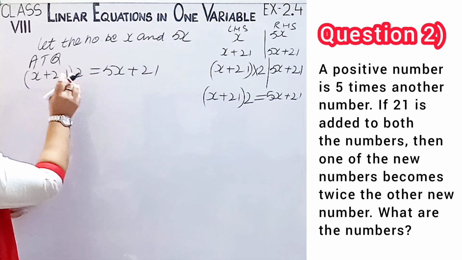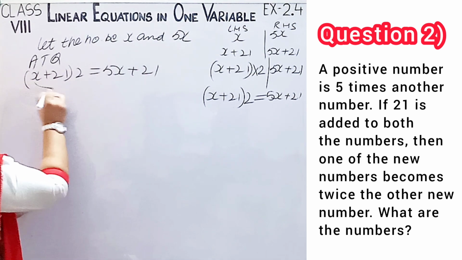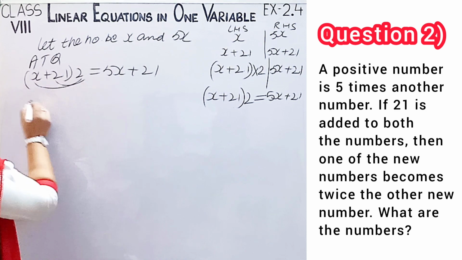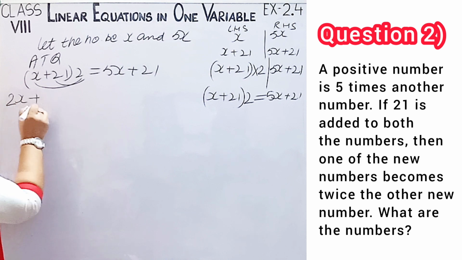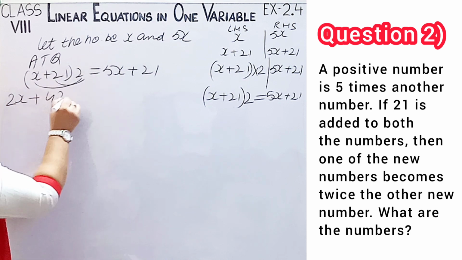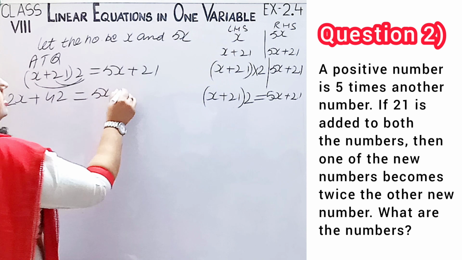This bracket means this 2 is multiplied with x and after that with 21. So 2x plus 21 2s are 42 is equal to 5x plus 21.